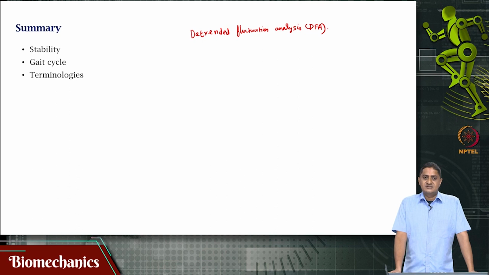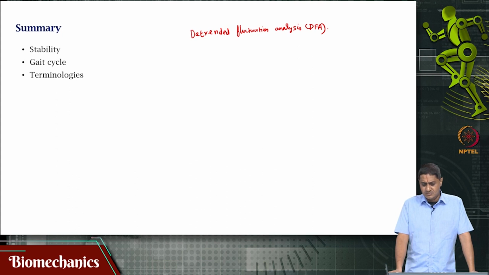What this does is it detrends, that is, it removes the trend, removes the mean, and then studies the movements as fluctuations that happen about this mean, and how these fluctuations, are these persistent or are these not persistent.